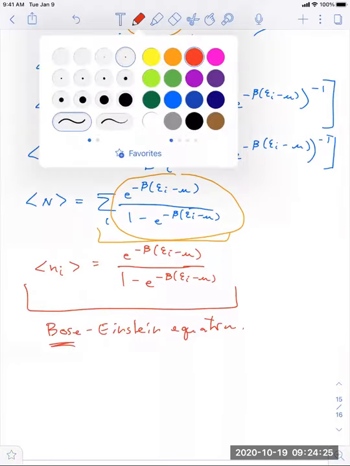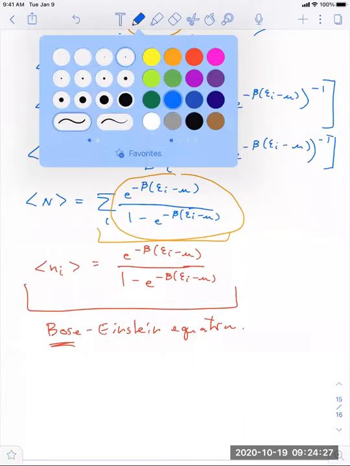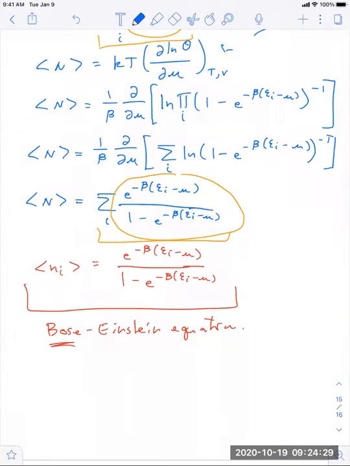So we can think about how this equation behaves, or how the occupation number for bosons behaves as a function of some conditions. If my energy is much greater than my chemical potential, then this average occupation becomes like this.